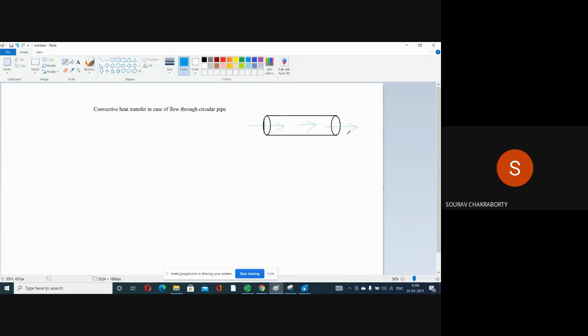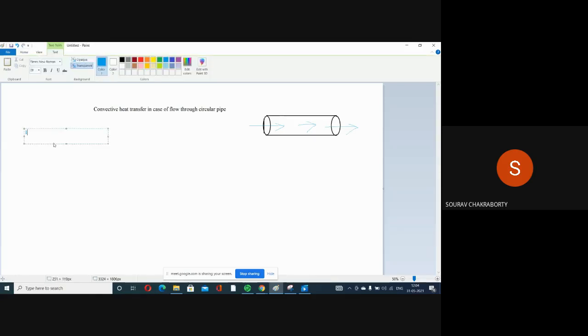So first of all, we need to determine, because we know when the fluid is flowing, we have three cases. What are the three cases? When the fluid is flowing, three types of flow can occur.